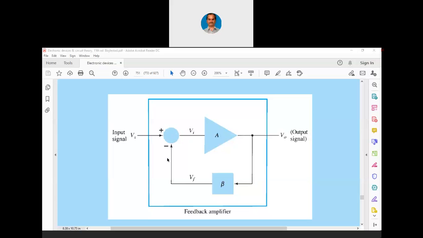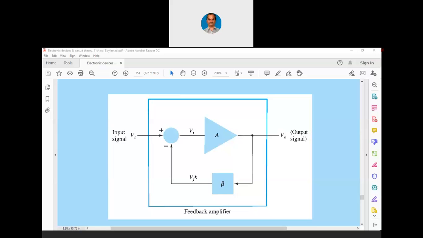Let us say I take some 10% or 20% of the output signal by means of another circuit called beta. Beta is nothing but a passive network. You don't have to worry about what this beta is. It can simply be a resistive-capacitive network, used only to sample a portion of the output signal.